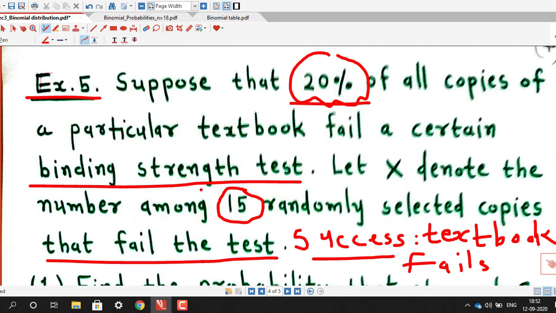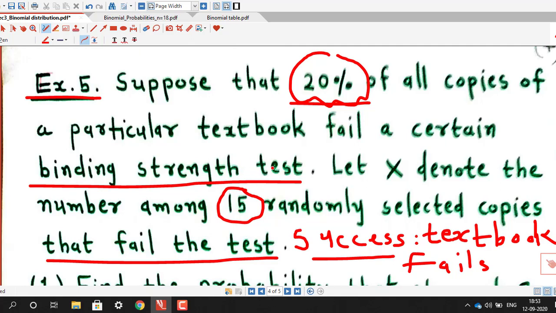So you can see this problem is of binomial distribution, because there are n equal to 15 copies. So the number of trials is finite, and for each trial we are examining the selected copy of the textbook for the binding strength test.